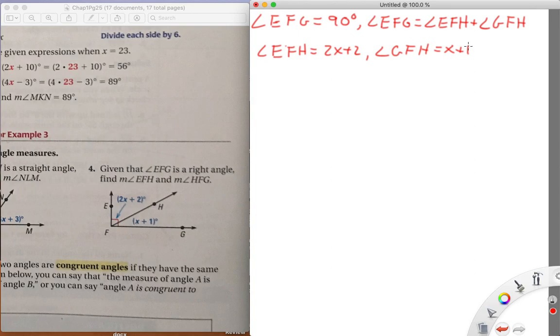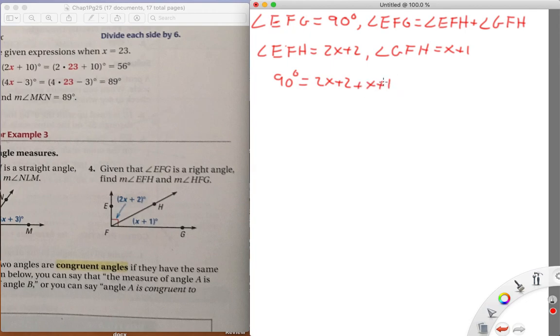Alright, they want me to find the angles. So I can substitute 90 for angle EFG, and I can say that is equal to 2x plus 2, which is substituting for angle EFH. So EFG is 90, EFH is 2x plus 2, and then GFH is x plus 1.